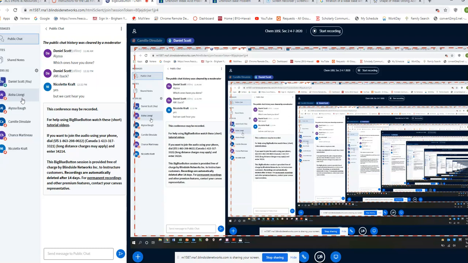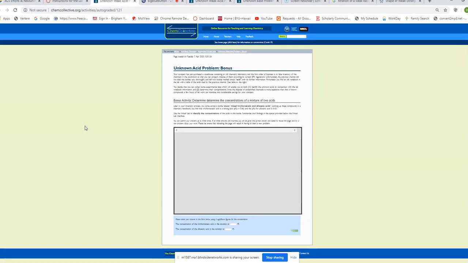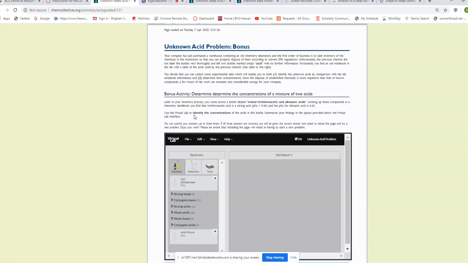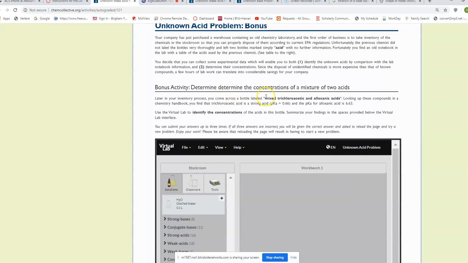Just really quickly, it's an unknown acid, a weak acid, and a strong base. A weak acid and a strong base. So here, let's go to 2-acid titration. It says up here that it's a mixture of trichloroacetic acid and oxalic acid.